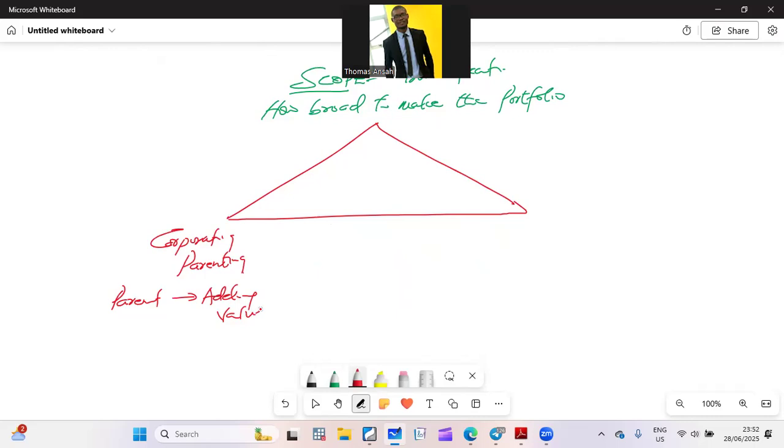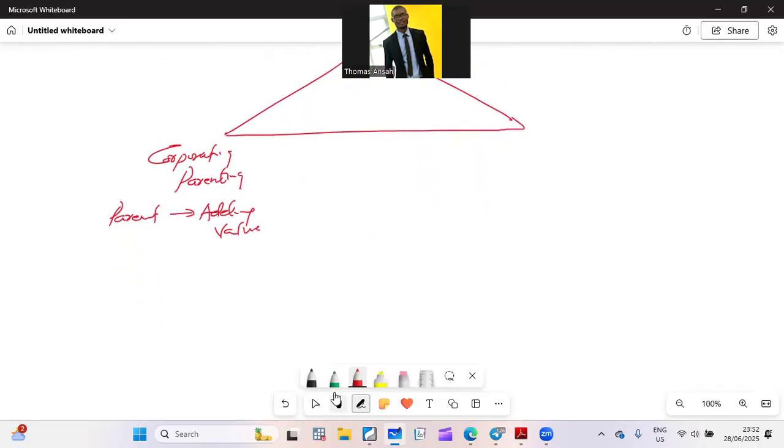All right. Adding value. So we will look at the portfolio manager, the synergy manager, and the parent developer. Something that you see clearly in your syllabus.